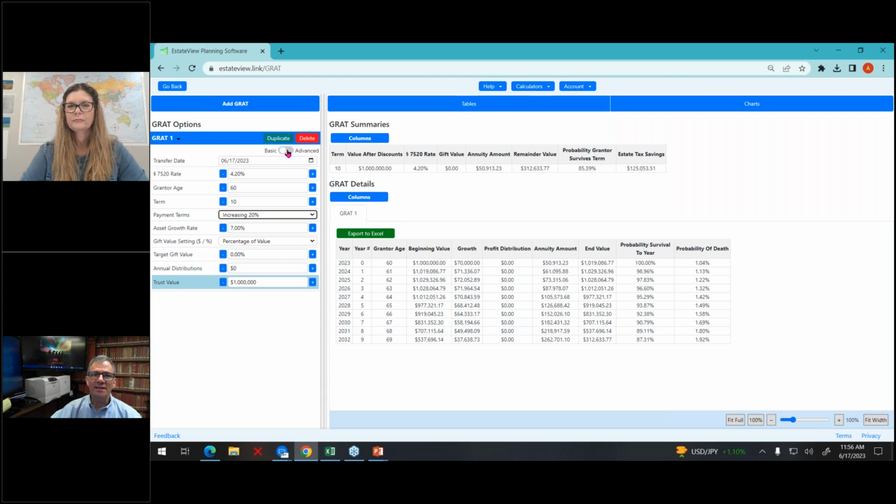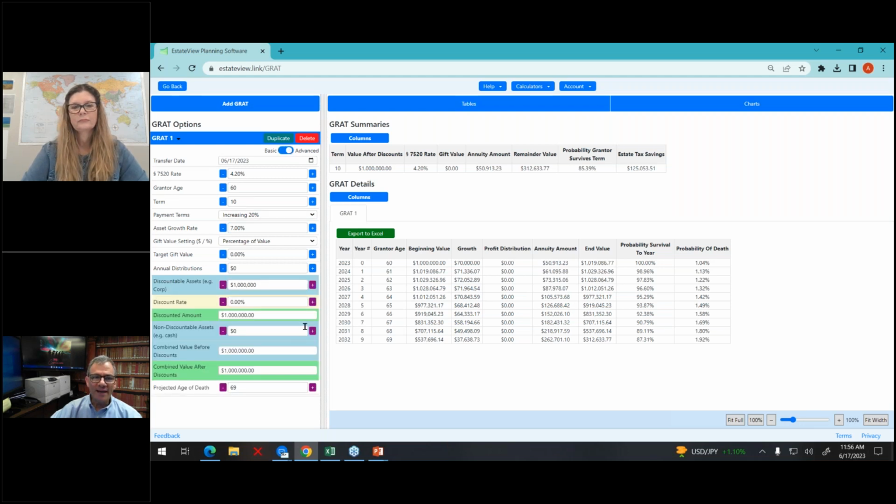So that's the basics of the GRAT. Under advanced, I could also put in discounted assets, and then my payments will be even less and there'll be more value left in at the end. And if you have a business that shoots off a certain amount of income, you can put that in, see annual distributions there.